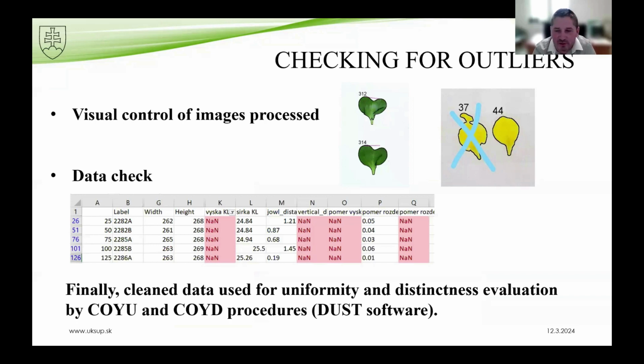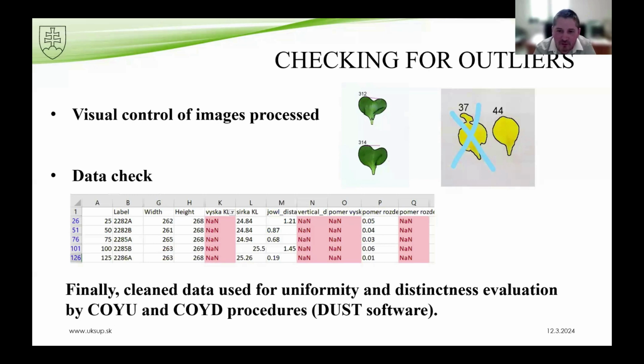As we can see on the slide, there are, for example, not correctly measured jaw distance on the cotyledon, as we can see on the image of cotyledon with number 314, or not correctly detected object outline, as it is on petal number 37, or cotyledon with number 312.